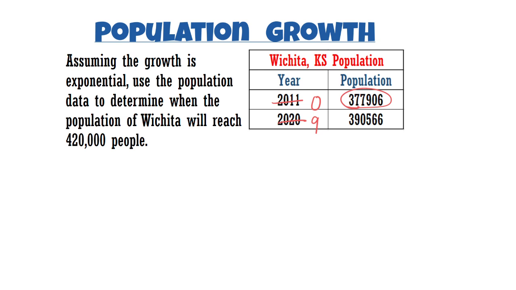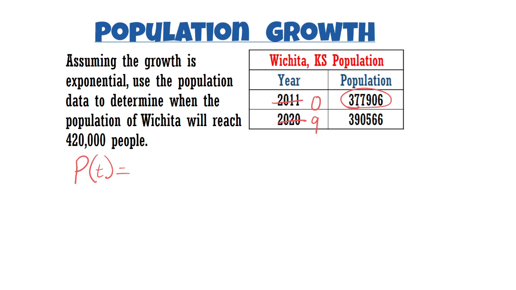I guess I got ahead of myself here. What I'm going to do here is I'm going to go ahead and do the exact same thing I was doing on those previous ones, where I'm going to write the model or the equation that represents Wichita's growth. And then I'm going to use that equation to help solve this problem. So right now I'm just writing the equation. So now I know, and I'm going to use a P for population with respect to time.